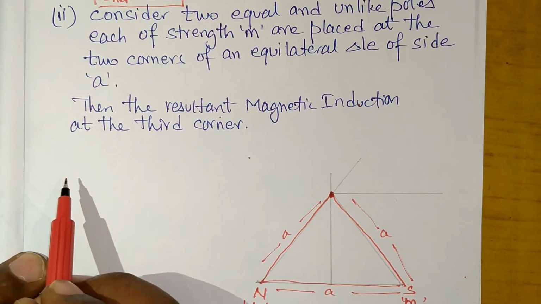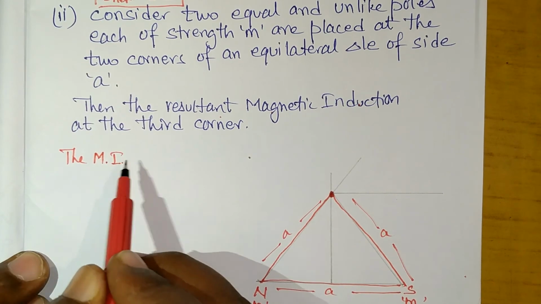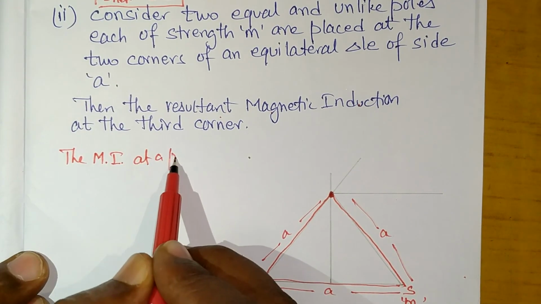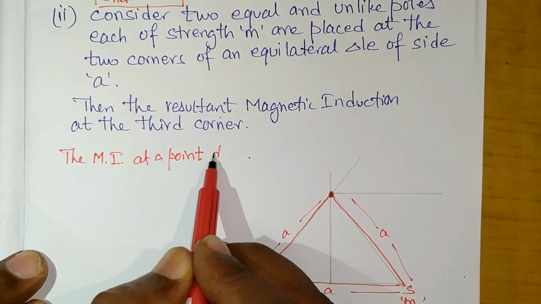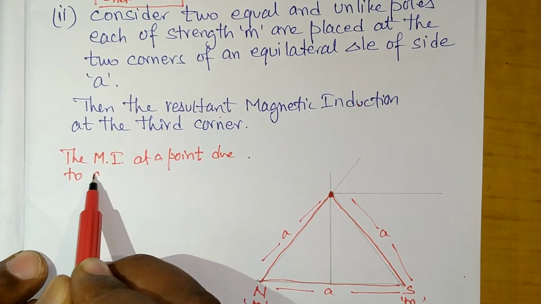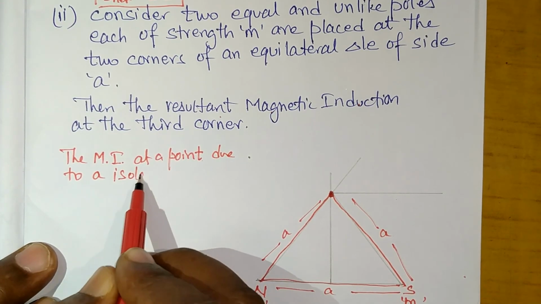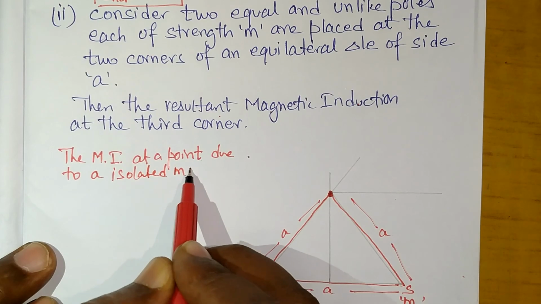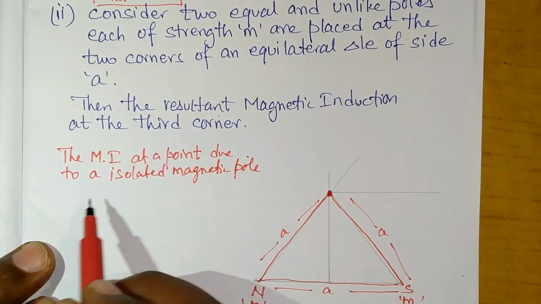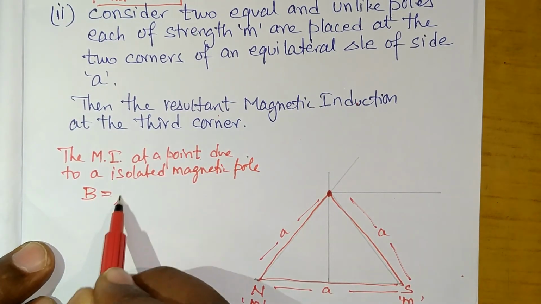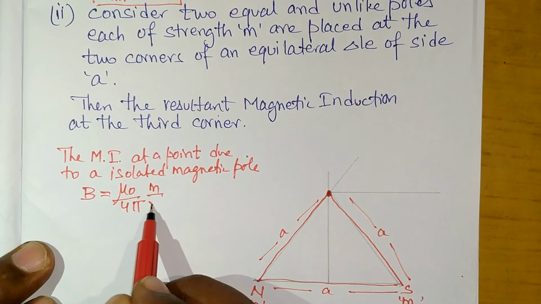As told earlier, the magnetic induction at a point due to an isolated magnetic pole is B equal to mu naught by 4 pi, m by r square.